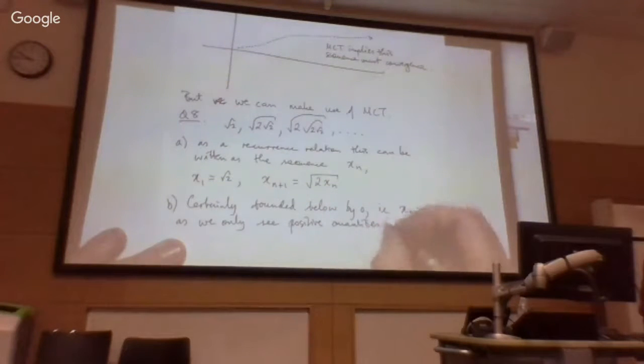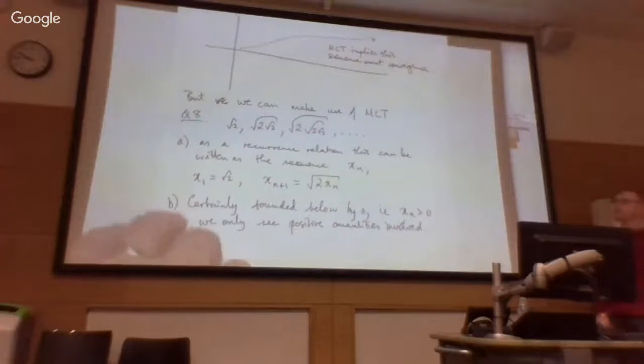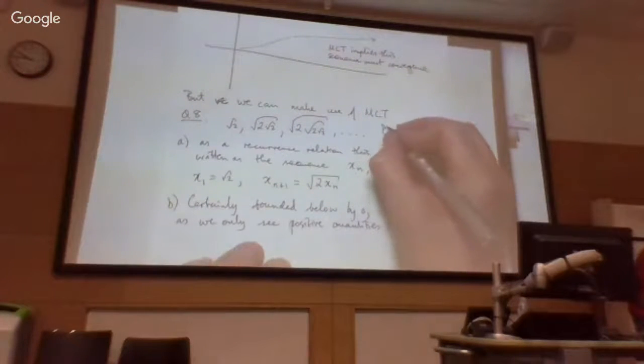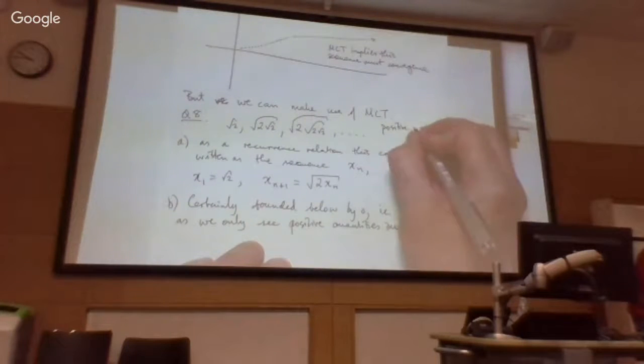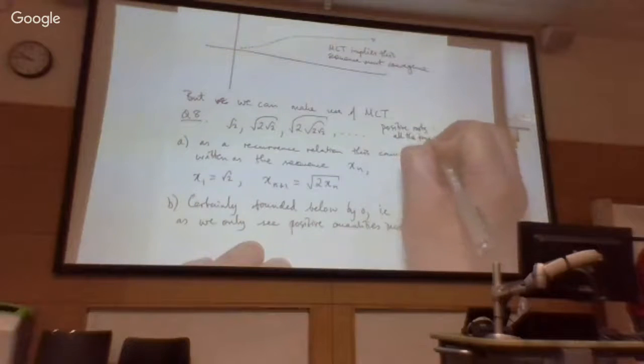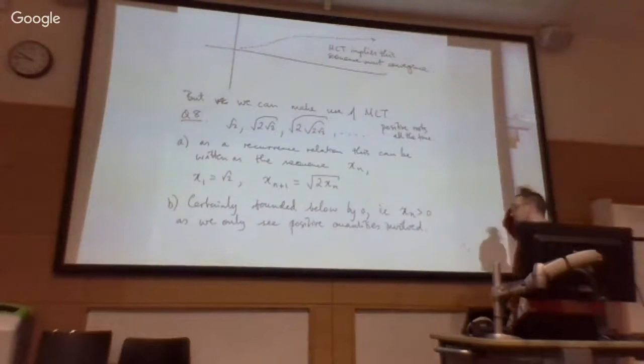Multiplying together positive quantities and taking the square roots of positive quantities. Well, okay, if we're taking the positive roots all the time, then everything is positive. So certainly all elements in the sequence are bigger than 0.